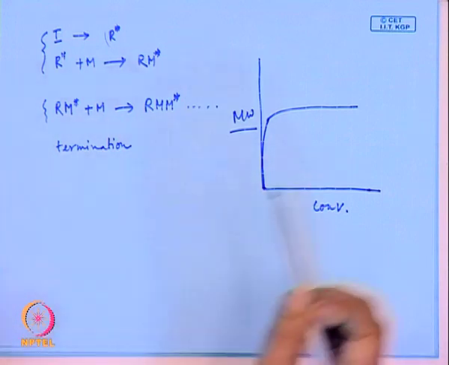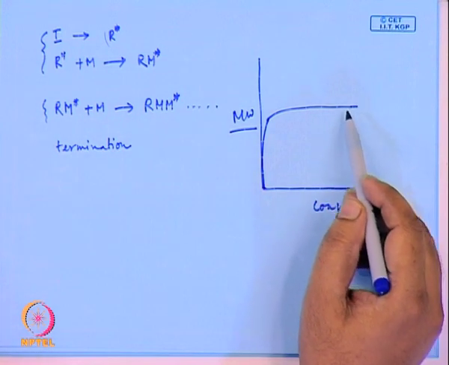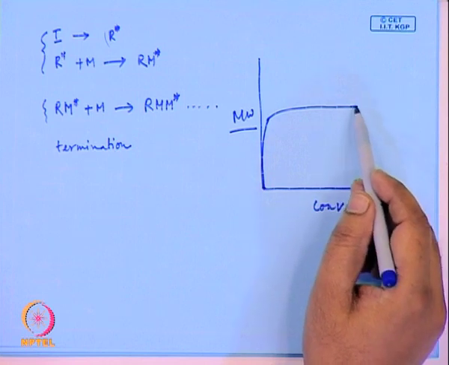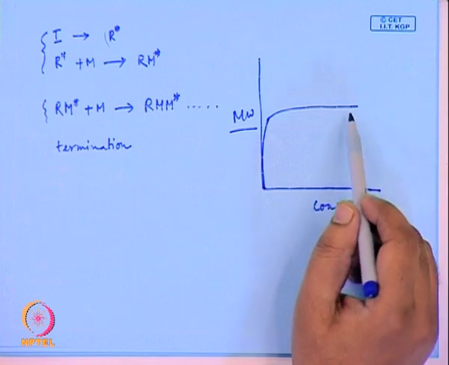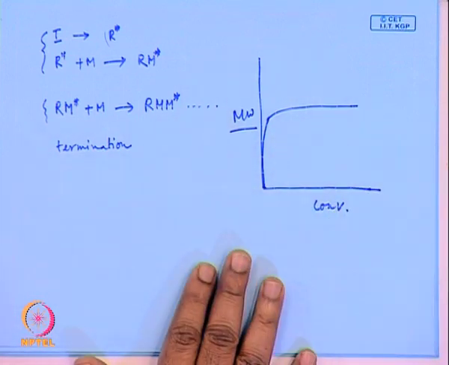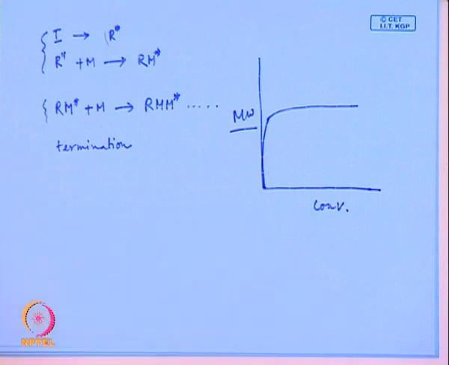There are some other things that might result in a change in this line at very high conversion, which we will come back to at the appropriate time. We have seen from the earlier discussion that at very low conversion itself the molecular weight is high, and as time progresses more and more polymer chains form, but the molecular weight remains more or less similar, which is very high.